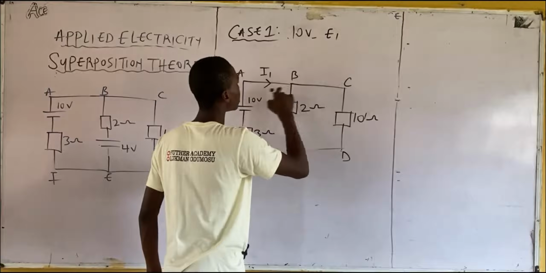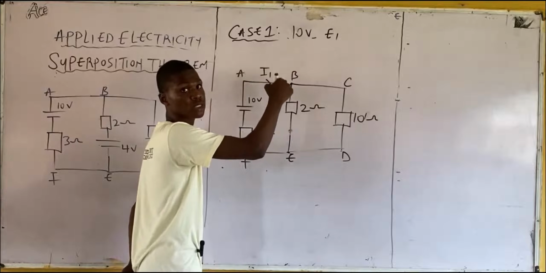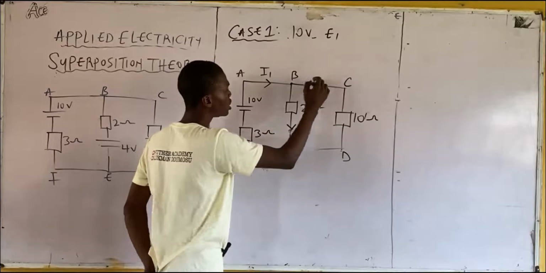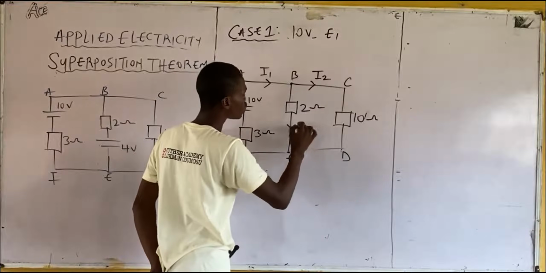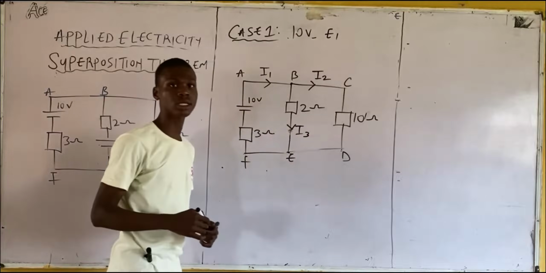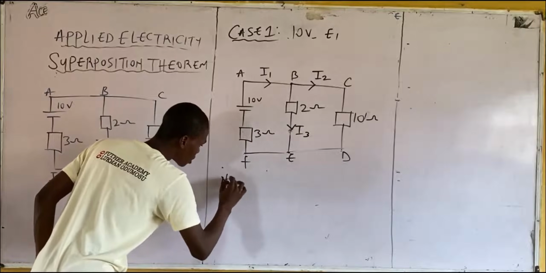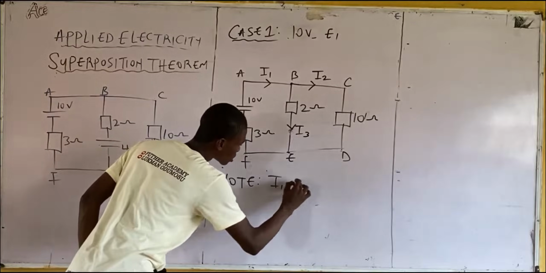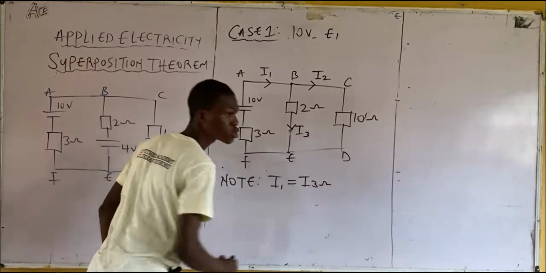Okay, I1, on getting to this node, it will split to branch BE and branch BC. Then let's denote this as I2 and denote this as I3. So take note, the current I1 is the current flowing through the 3 ohm resistor.